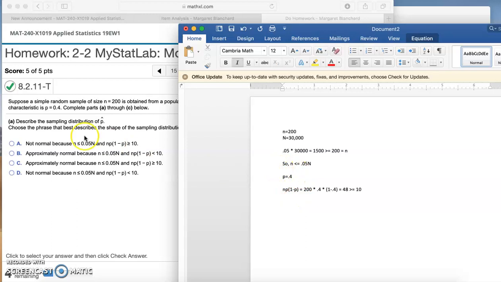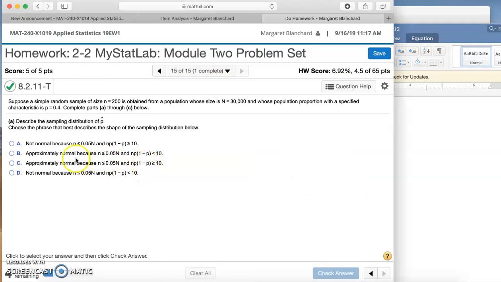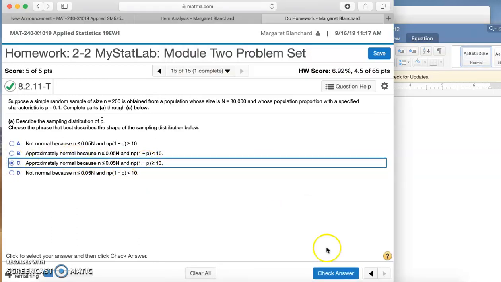We're given p is equal to 0.4 from the problem here. So we have np is 200 times 0.4, and then we have 1 minus p, which is 0.6. When we multiply that out in the calculator, we get 48, which is greater than or equal to 10. So that means it meets these two requirements, and we know that it's approximately normal.